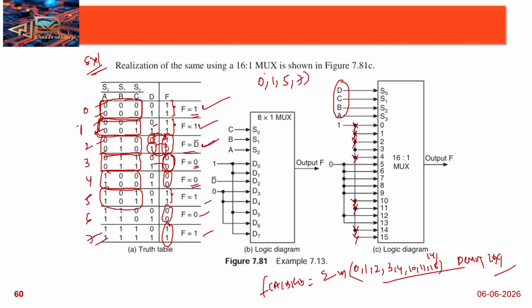The 5th and 7th I am having ones. Sigma m 0 1 5 7, so 0 1 5 7 are connected to 1.